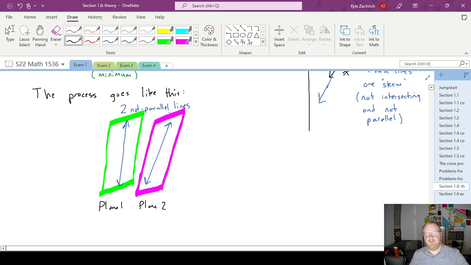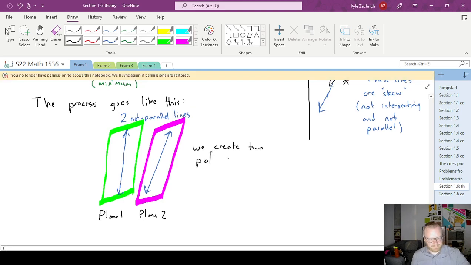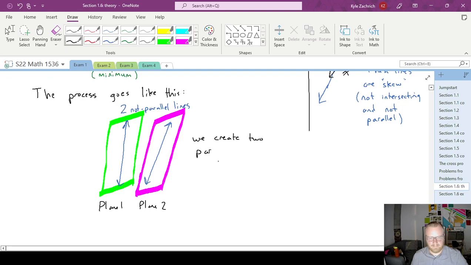So we take two non-parallel lines and we create two parallel planes containing those lines.